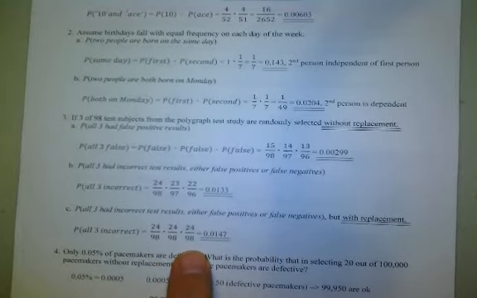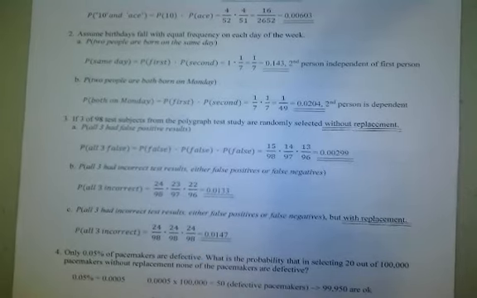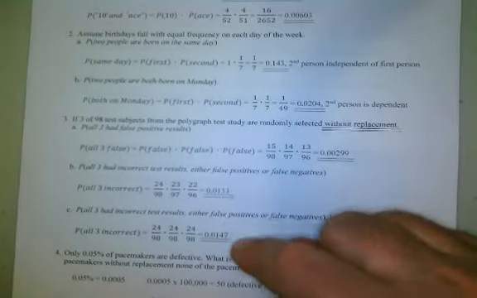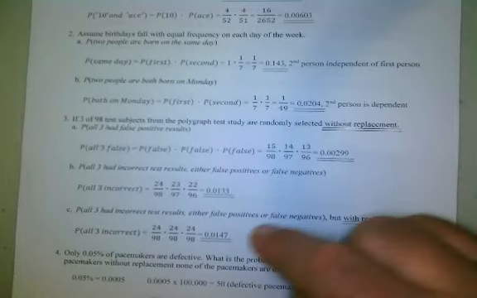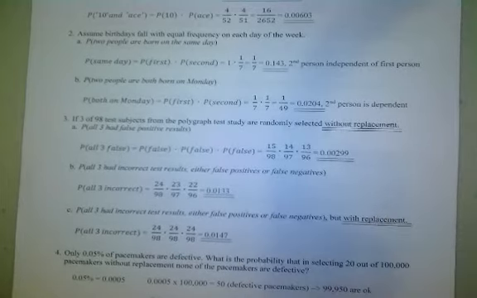Same thing for number 3. I put them back in the pot, so I have equal numbers. And sometimes it's easier to just do this in exponent form, so you would do 24 divided by 98 to the third power, and this is 0.0147. So just a little bit more than the previous case.